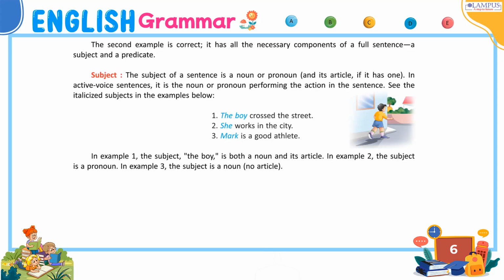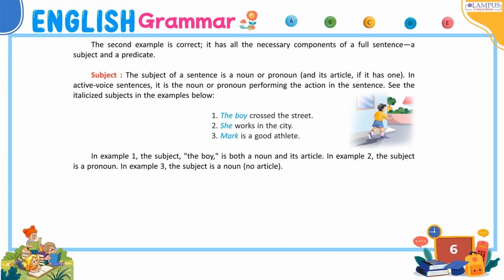Subject. The subject of a sentence is a noun or pronoun, and its article, if it has one. In active voice sentences, it is the noun or pronoun performing the action in the sentence. See the italicized subjects in the examples below. 1. The boy crossed the street. 2.